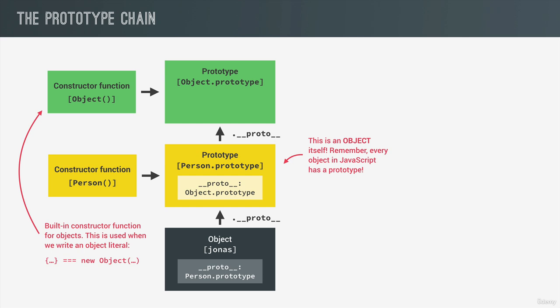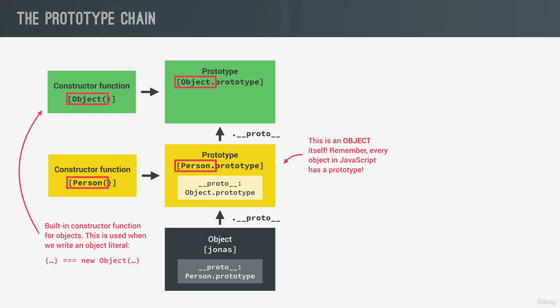Okay? But anyway, what matters here is that person.prototype itself needs to have a prototype. And since it has been created by the object constructor function, its prototype is going to be object.prototype. It's the same logic as with the Jonas object. So since Jonas has been built by person, person.prototype is the prototype of Jonas.